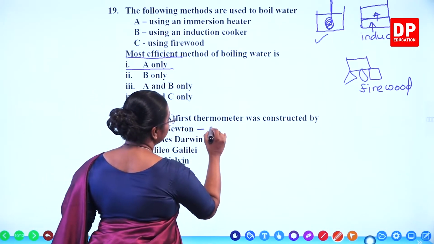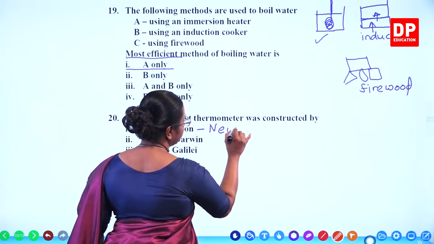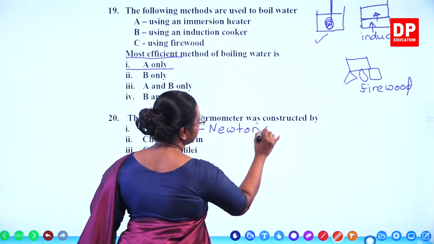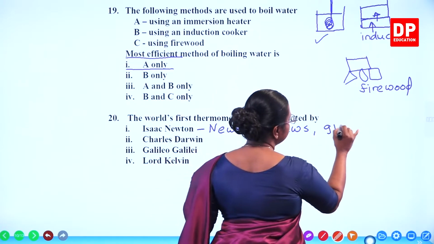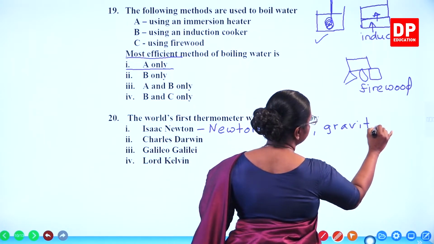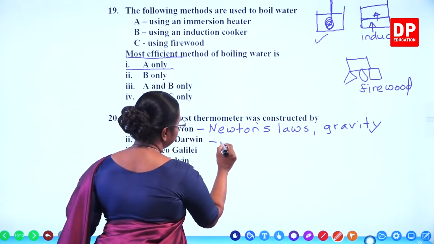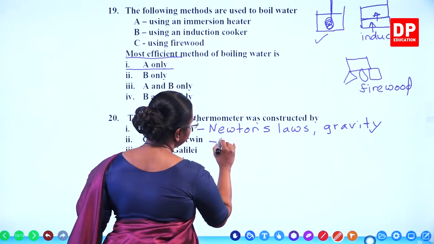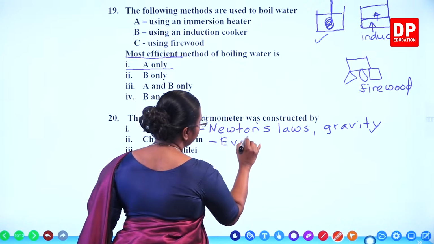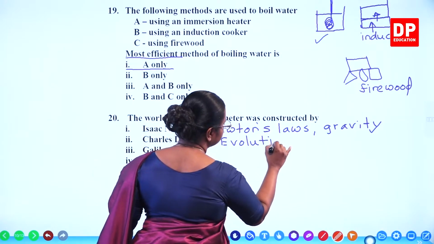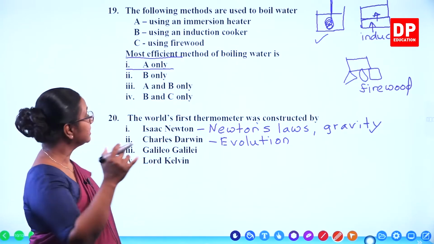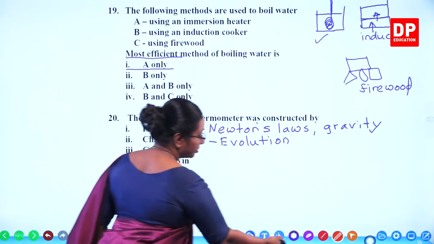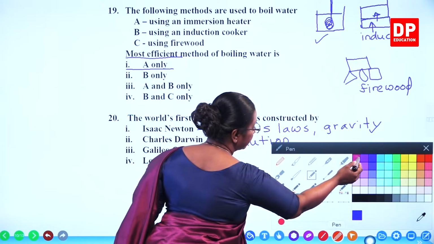So, Isaac Newton's laws and gravity. Whereas Charles Darwin, he actually proposed the theory of evolution. And Galileo Galilei, he is actually a scientist, philosopher, all that.